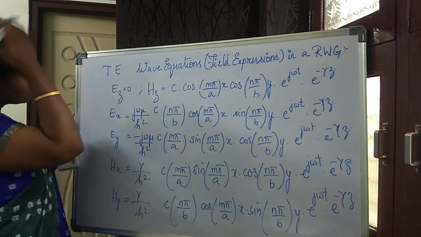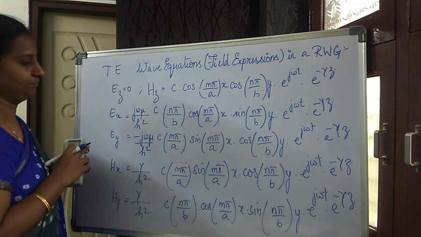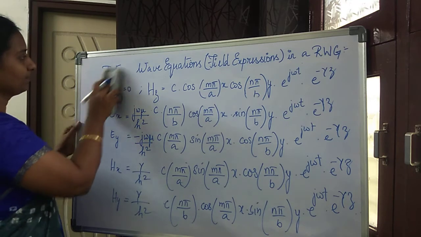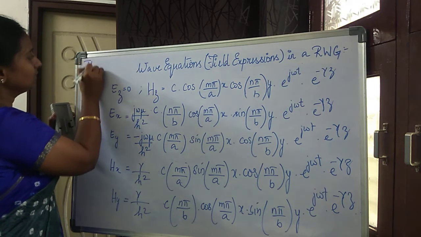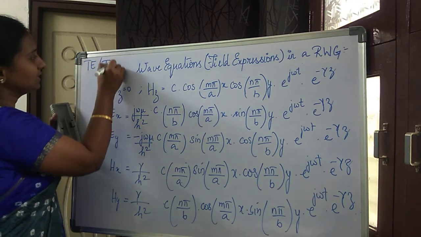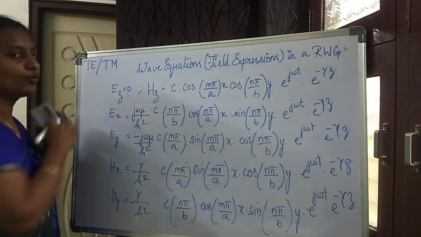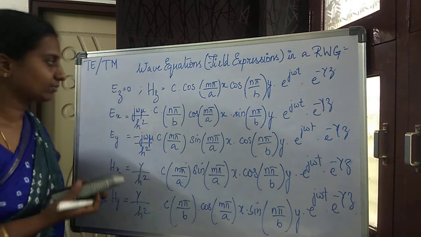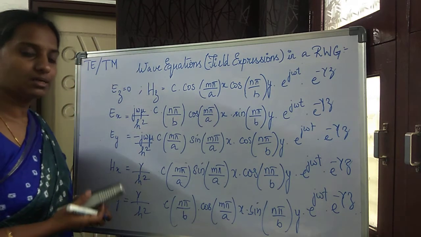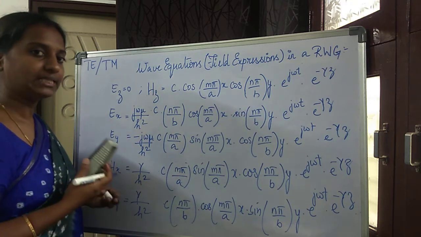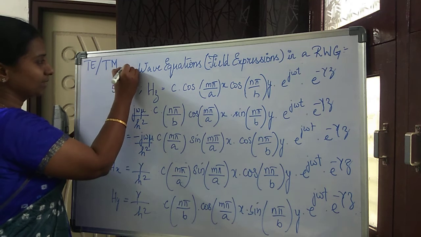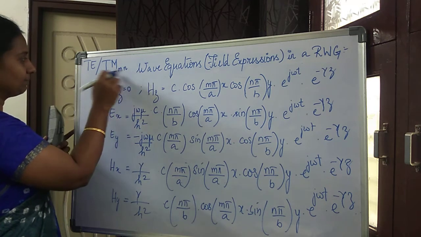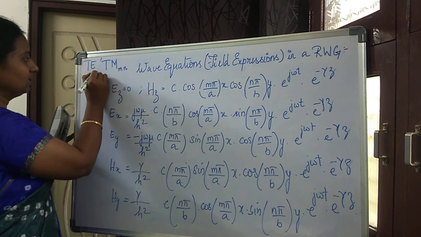So whether it is a TE or TM, it is going to have a lot of modes, and those modes are going to be given by the subscripts, which are called M and N. So TM Mn, or TE Mn.